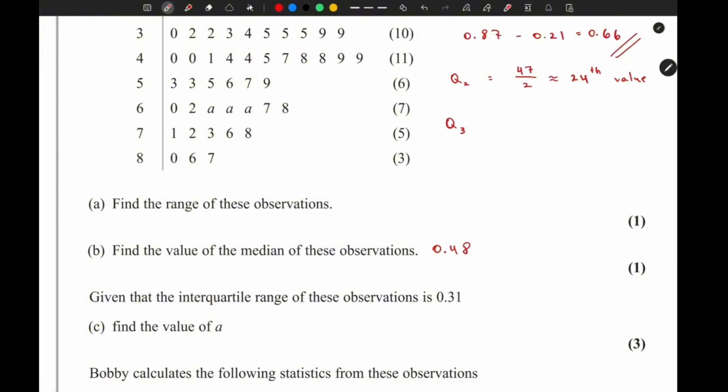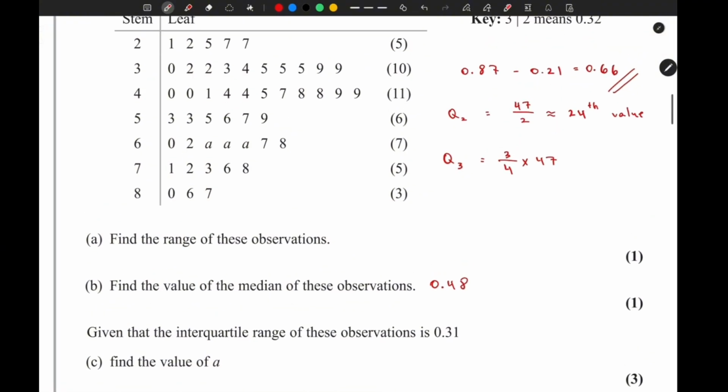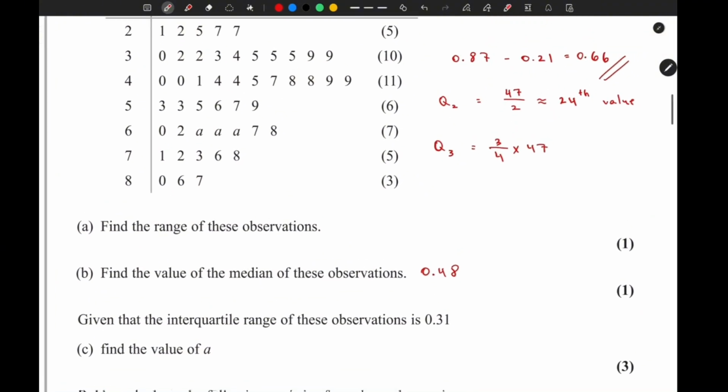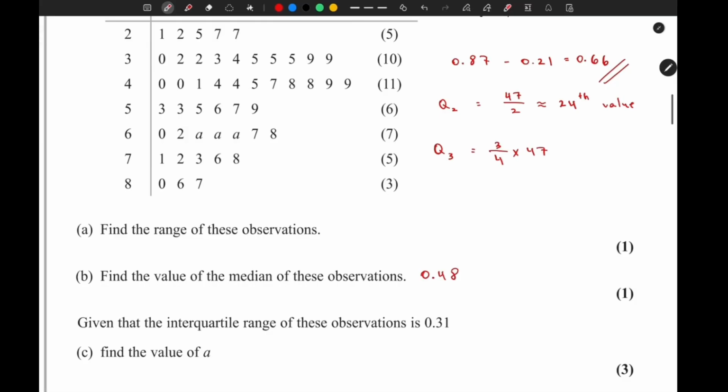The upper quartile lies at 3 over 4 times 47, which gives us 35.25.